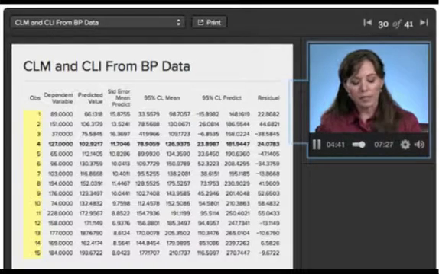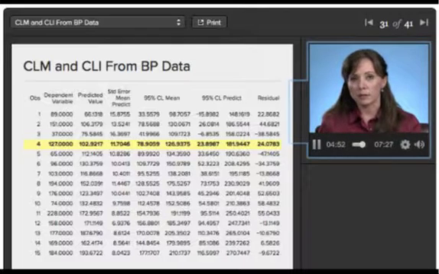If we look at these columns, let's highlight observation 4, just to talk about one specific observation. All of the other rows are going to be the same, except that they represent different observations in the model.